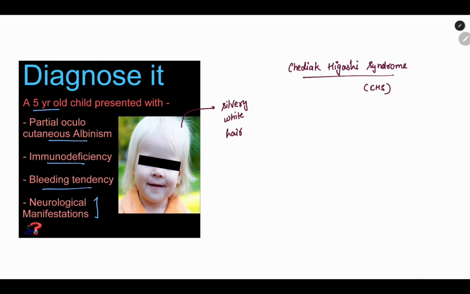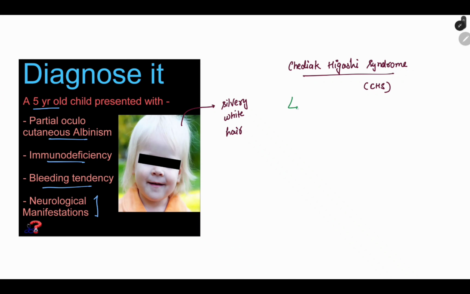Talking about Chediak-Higashi syndrome, it is an autosomal recessive disorder caused by a mutation in the lysosomal trafficking regulator gene, the LYST gene. So what is this LYST gene?